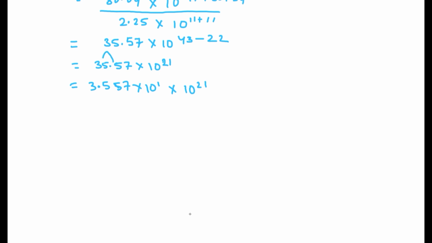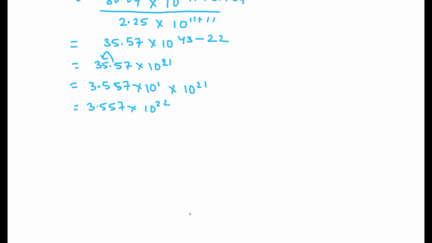When we change into scientific notation, when the decimal moves to the left side, the power should be positive, and when it moves to the right side, it should be negative. So again we have the same base, so 21 plus 1 is 22.